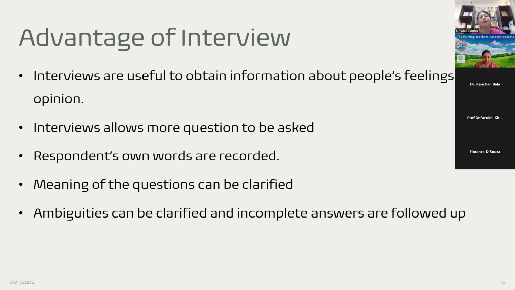Then you have ample data for the analysis. Another thing, you can record the interviews also, so you have the recording with you. You can analyze the data in a much better way. I think I can say that the ambiguity will not be there, and the analysis will be excellent when you plan some open-ended sessions for the individuals.